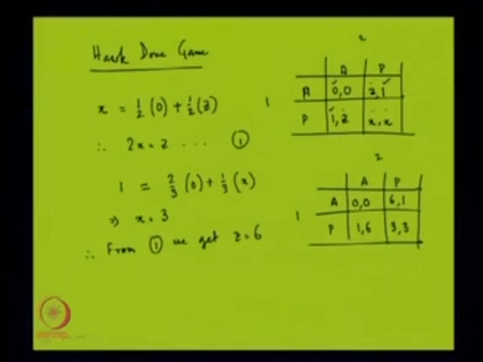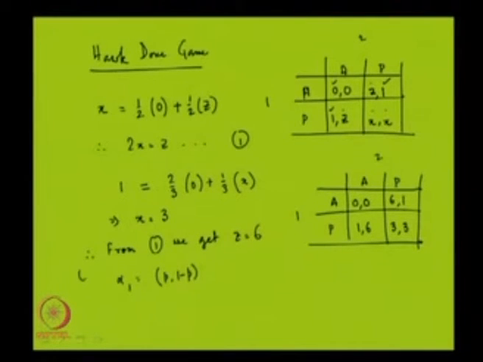Now, the method that we are going to adopt is something which we have just discussed. We shall suppose that alpha 1 is (P, 1 minus P) and alpha 2 is (Q, 1 minus Q).